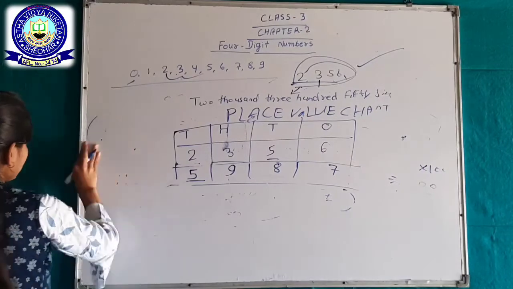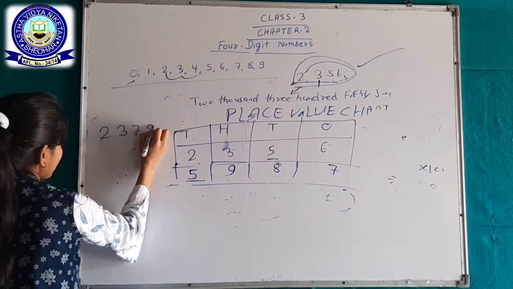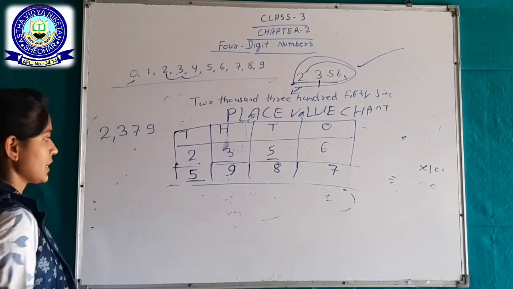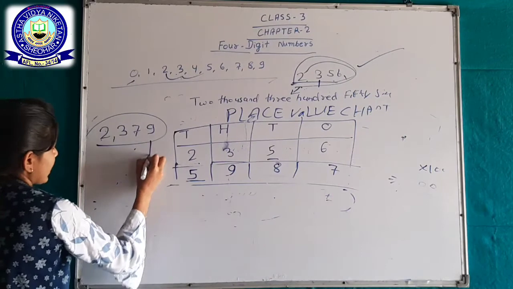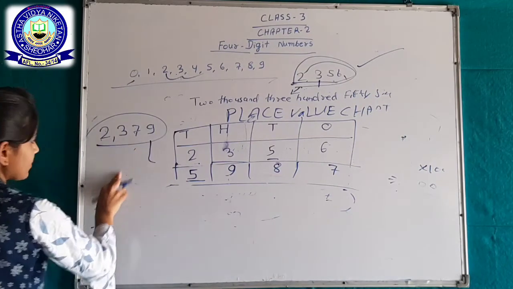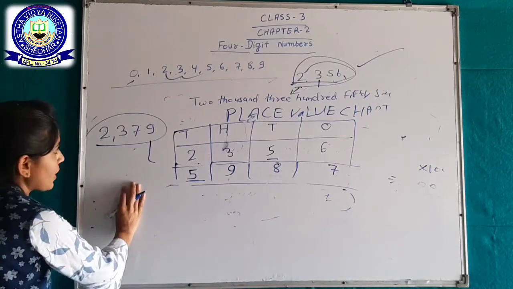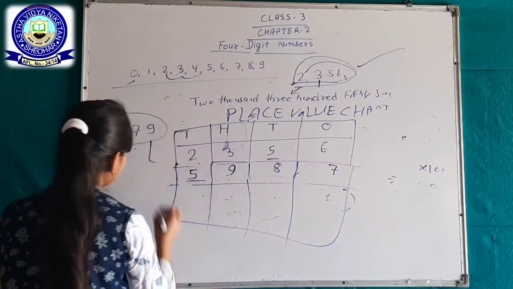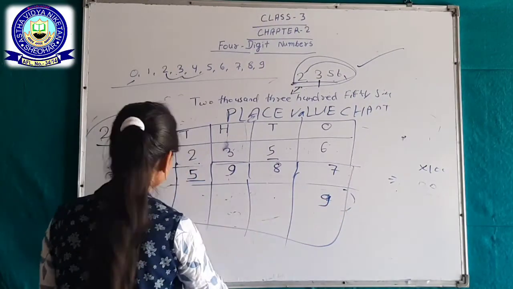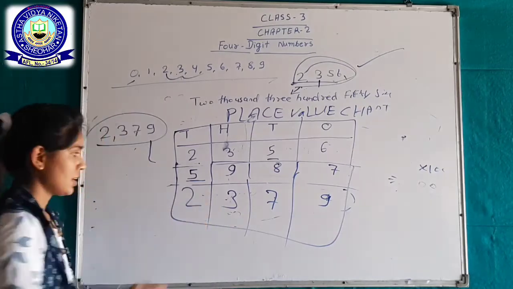There is another number, 2379. You have to find out the place value of 9 in this number. First of all, we have to find out the position of 9 in this chart. We can write 9 for ones, 7 for tens, 3 for hundreds and 2 for thousands.